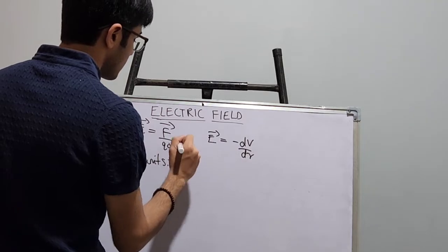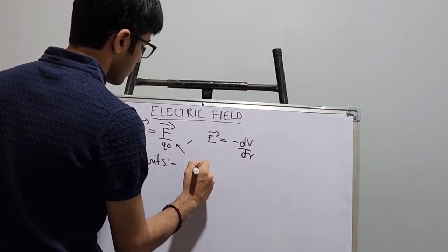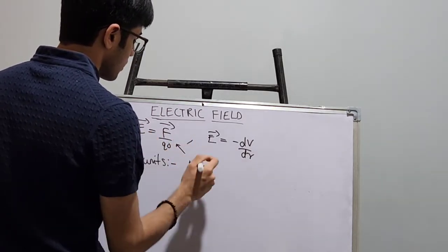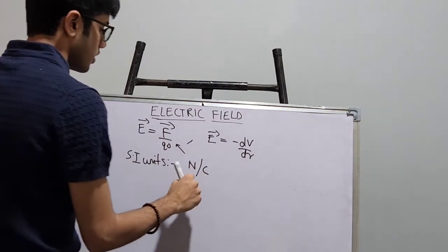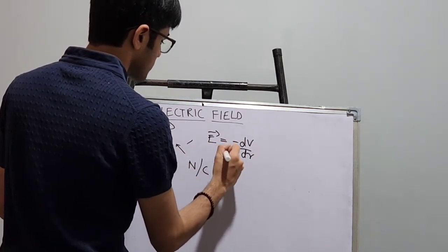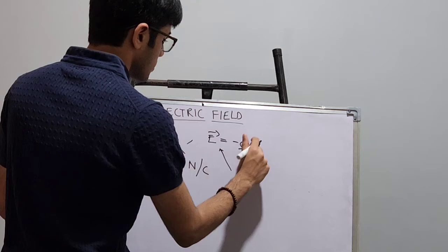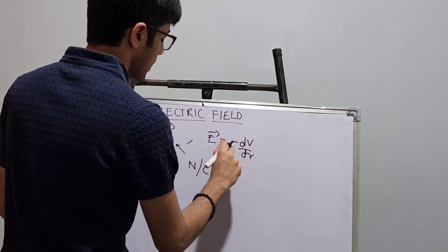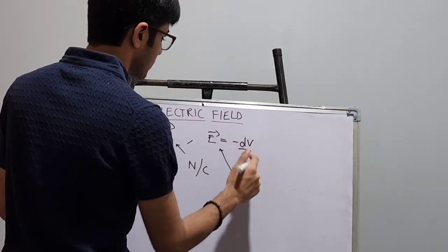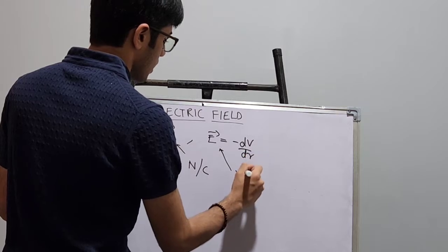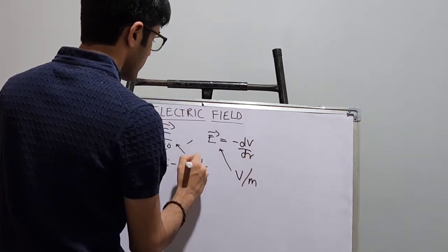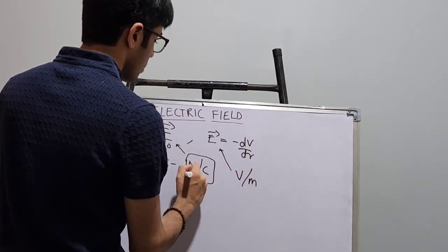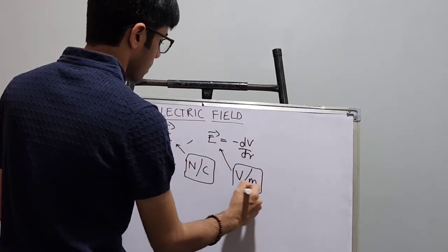From this we can see that the unit would become, force's unit is Newton and Q naught is Coulomb, so Newton per Coulomb. And from this, we can just neglect the minus sign here, the unit of potential difference is volt and R is meter, so volt per meter. So it can either be Newton per Coulomb or it can be volt per meter.